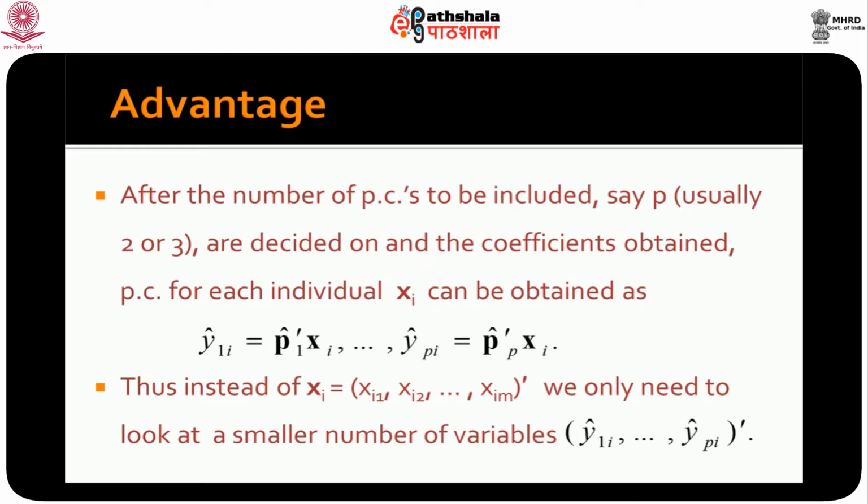We have reduced an individual's m-dimensional score vector into a smaller, say 3-4 dimensional principal component score vector, and then work with this, because this would be actually capturing a large amount of the variability of the original data and would have a smaller number of variables to look at and hence easier to handle. So this is how we can use the principal component from a given data set.